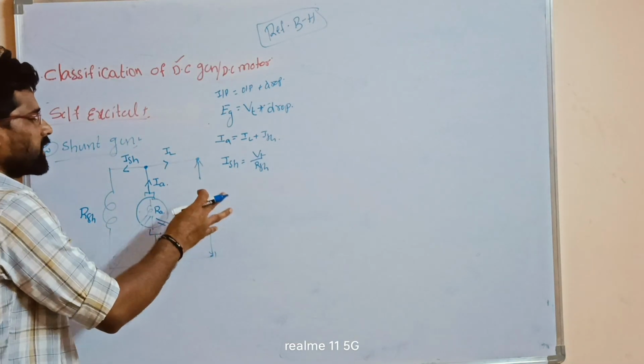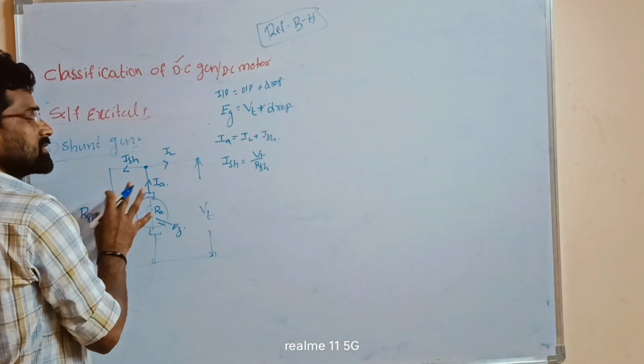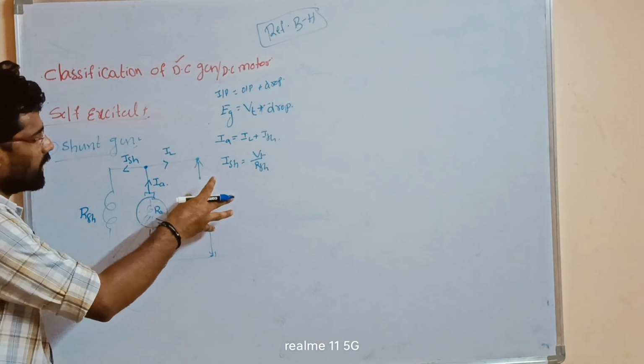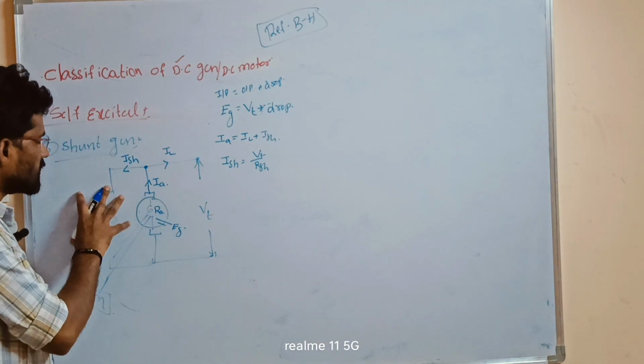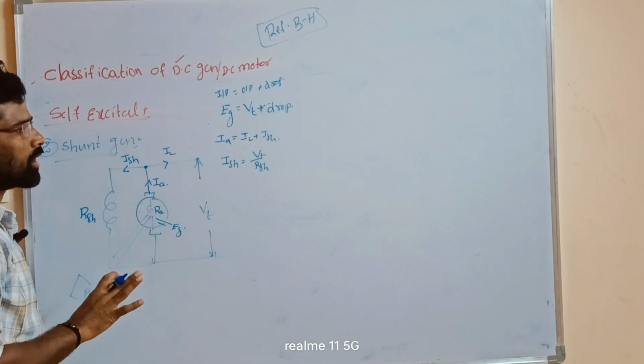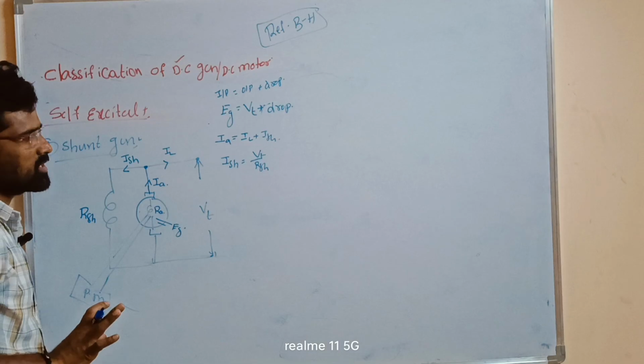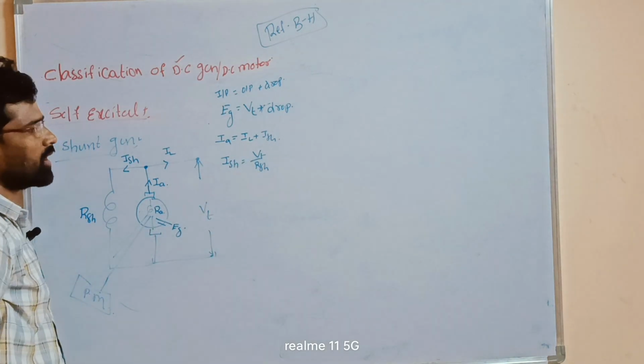Whatever the terminal voltage is, the same voltage appears across RSH, because the terminal voltage, armature resistance and RSH are all connected in parallel. In parallel, the voltage must be the same.